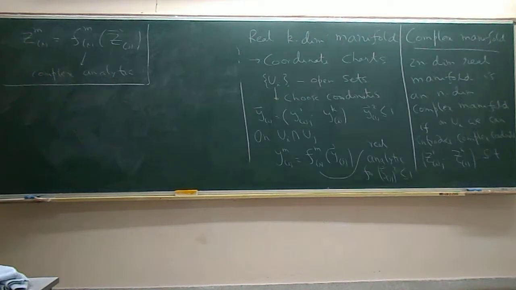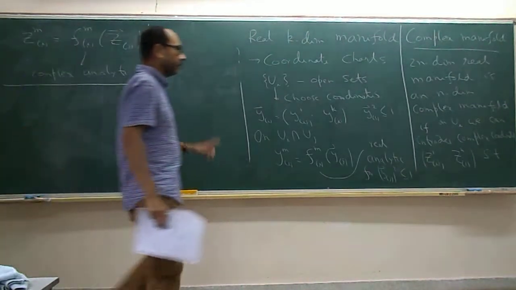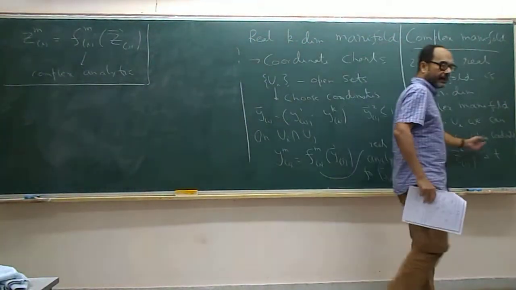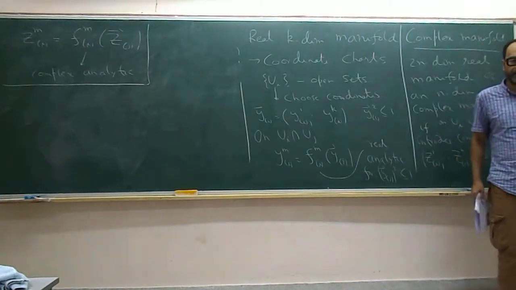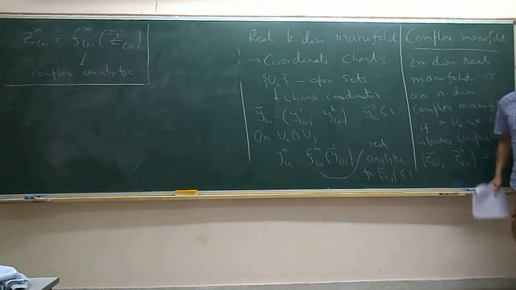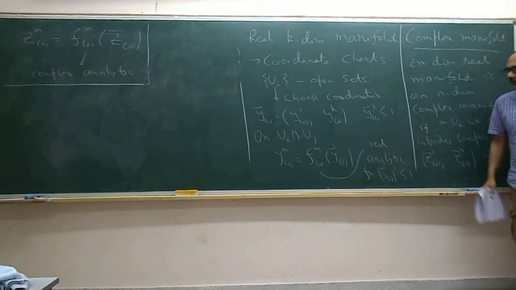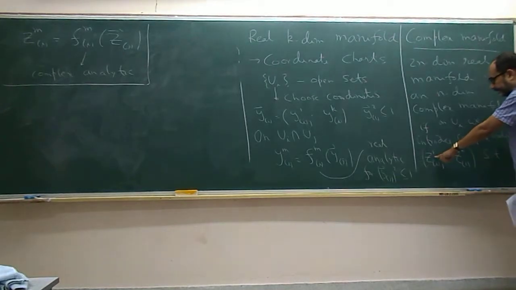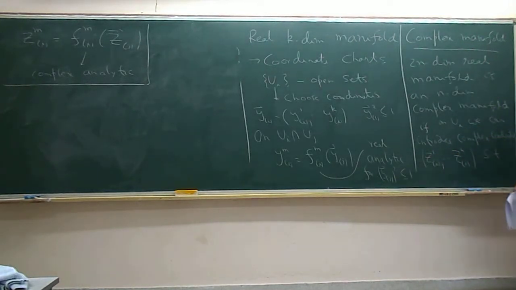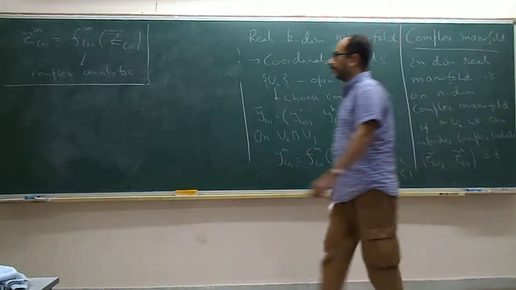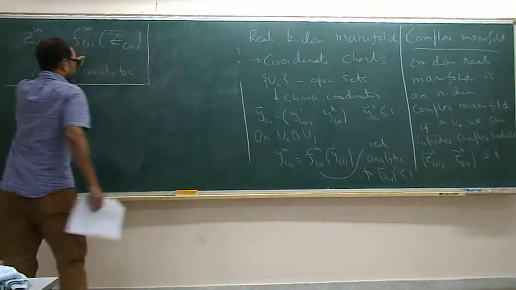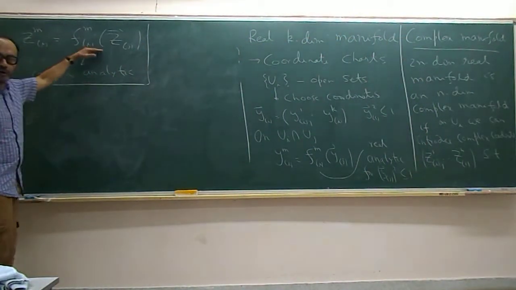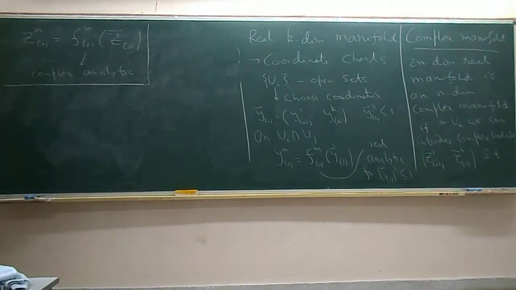First of all, you have to be able to introduce complex coordinates, which is not hard. Inside a unit disk, any set of 2n real numbers can be combined into n complex numbers. But on the overlap, the transition function which relates the coordinates in one chart to coordinates in another chart must be complex analytic. This is the strong condition.